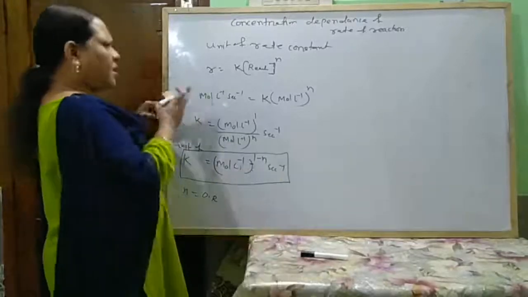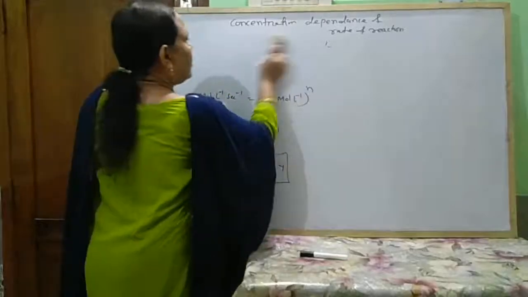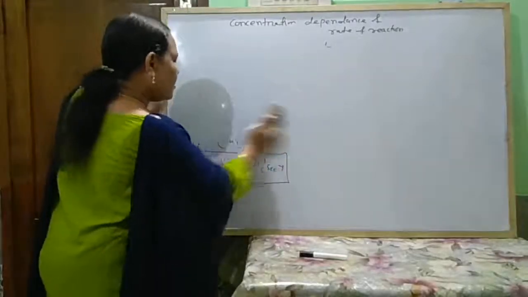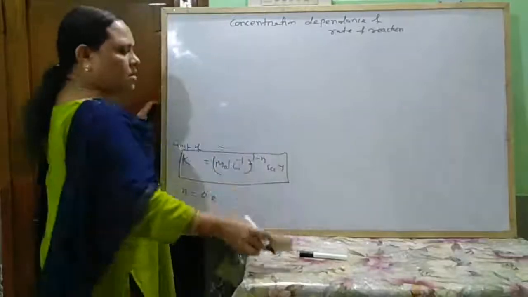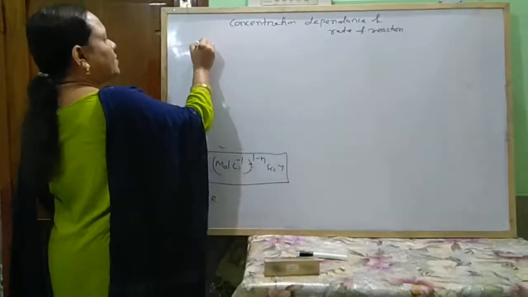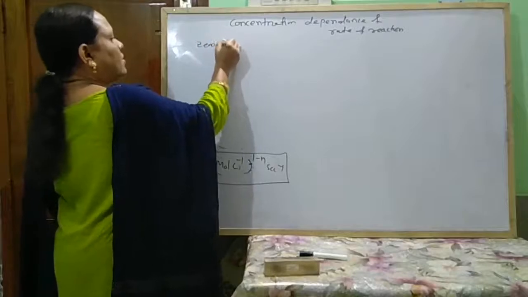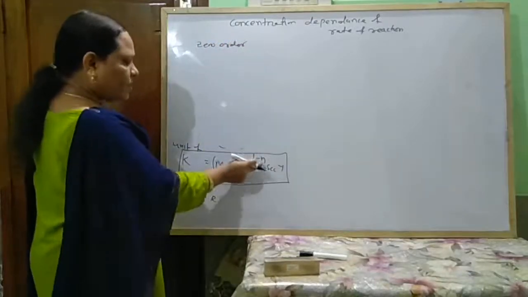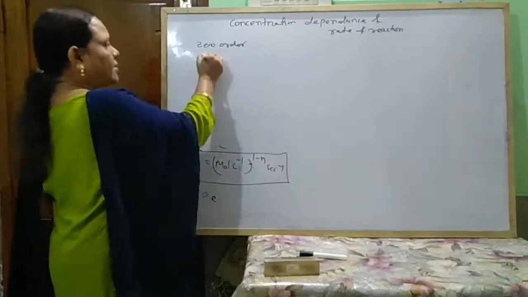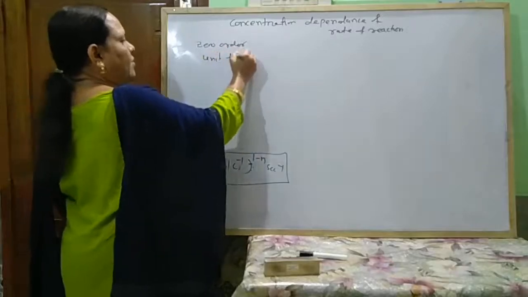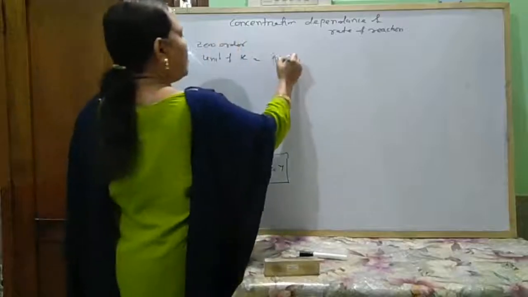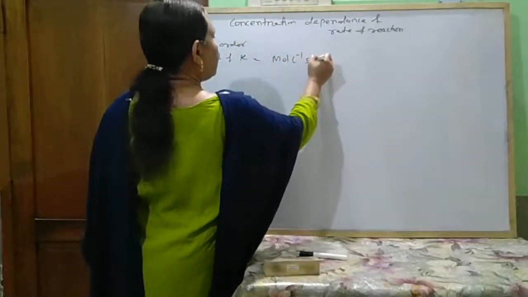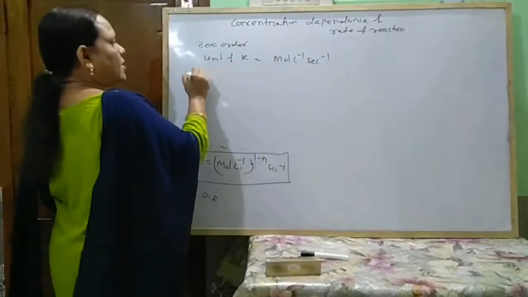Now let us discuss the unit of K for some orders of reaction. Look here, for zero order, n value equal to 0. If you put here 0, the unit of K is mole liter inverse, second inverse.